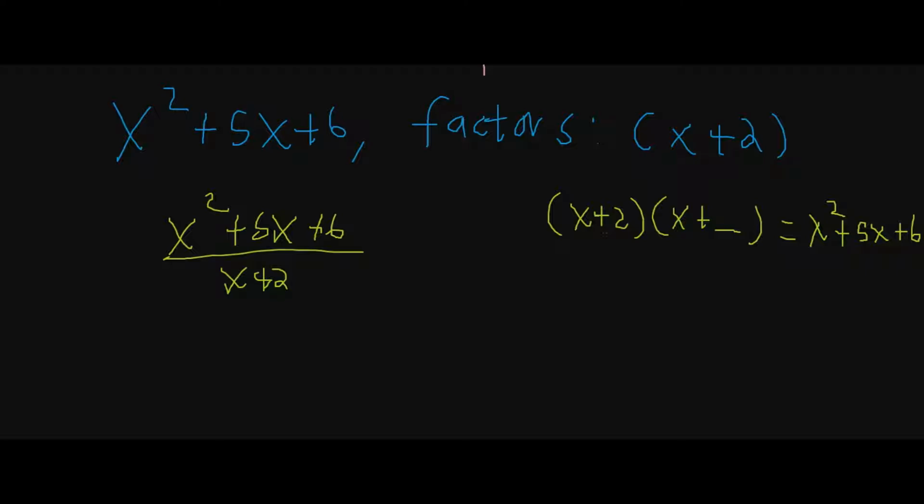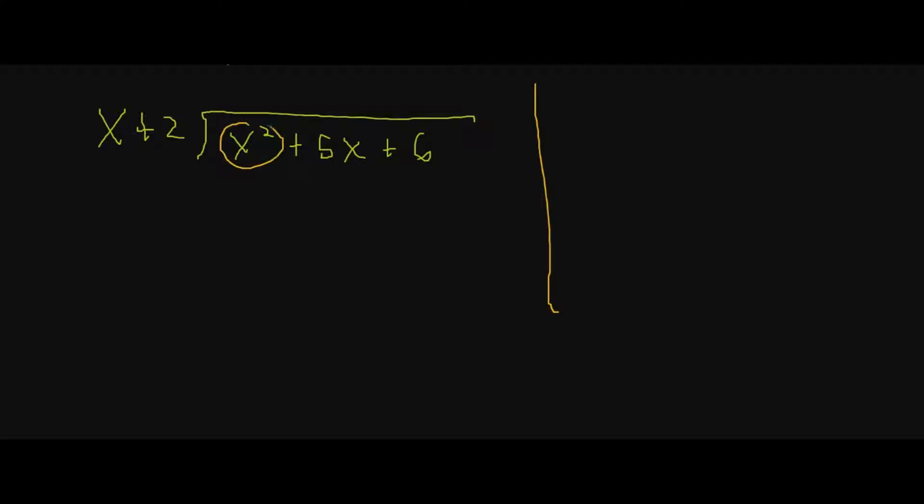Well, let's go ahead and do that problem. We set this up with long division. We're going to get x plus 2, and underneath here x squared plus 5x plus 6. Now we have to ask ourselves, we start off with this first term and this x right there.